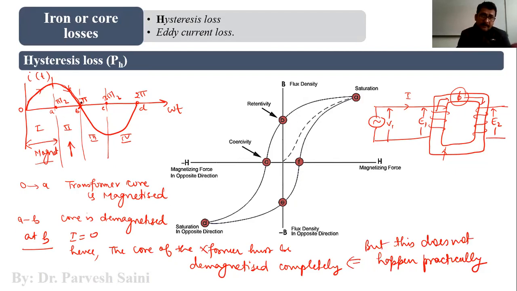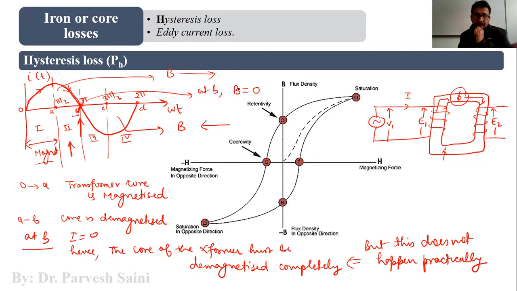Means when this point is reached, at B where I is 0, for example, for this, the direction of magnetic flux density is this one, and for this, the direction of magnetic flux density is this one, right? So at this point, B must be 0. This is the ideal case, right?